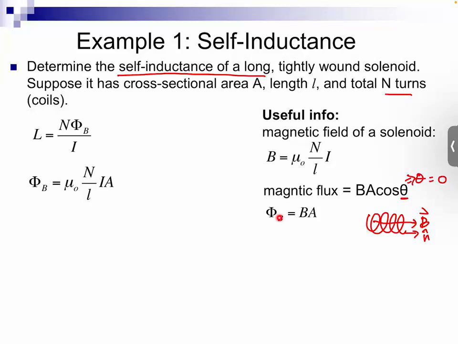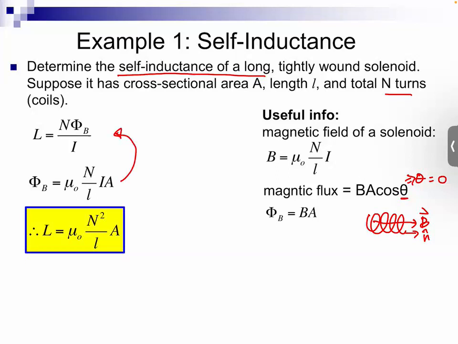And hence flux is just equal to BA. So we combine that, then flux is equal to the magnetic field of a solenoid, mu naught N over L times I, times the area, the cross-sectional area of the solenoid. You have there the flux through that solenoid, which then we substitute into the self-inductance equation, right?